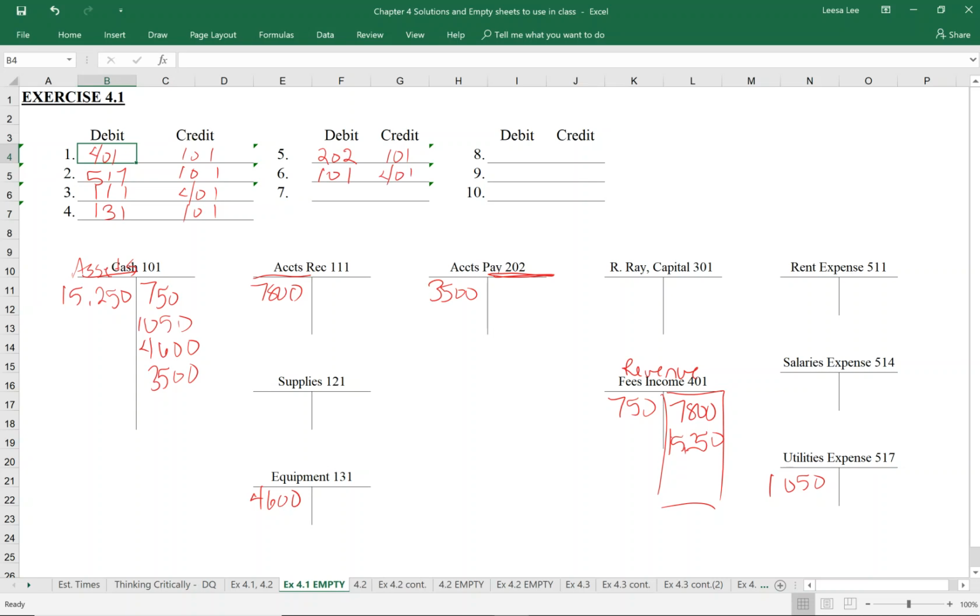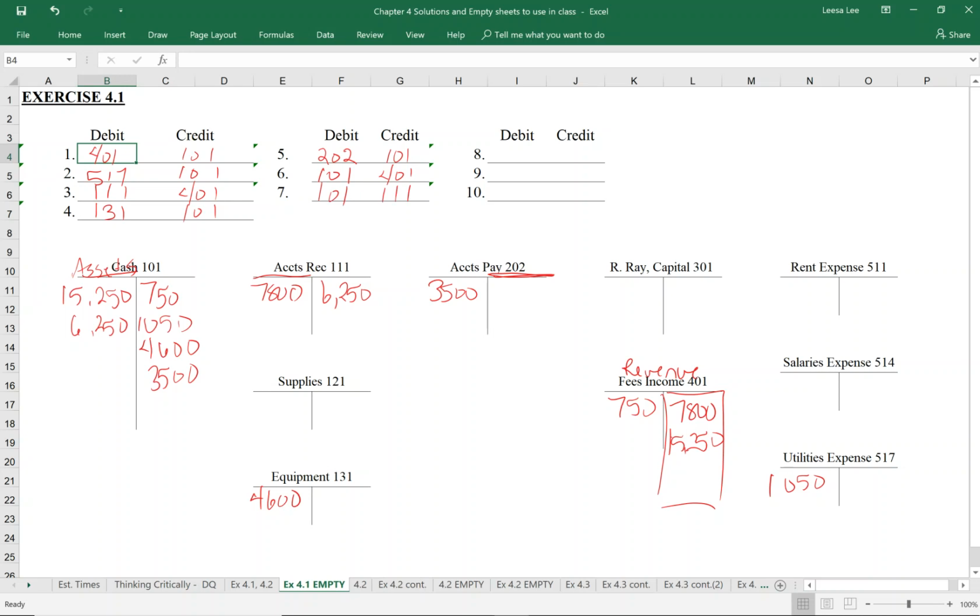Number 7, we collected $6,250 from credit customers. So we got the cash, $6,250, and we are reducing what our customers owe us by $6,250. So the debit is 101, and the credit is 111.